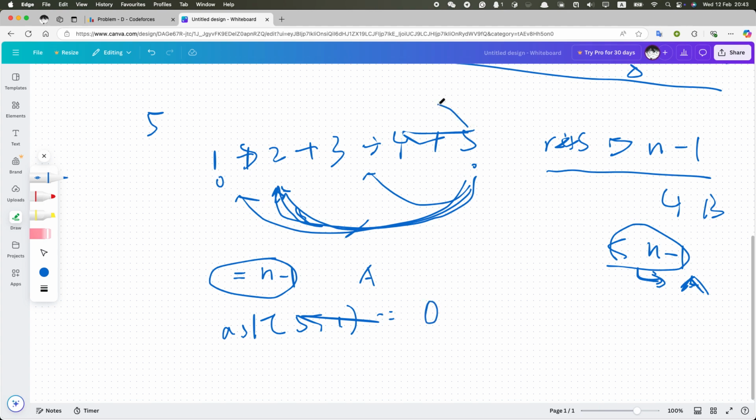Or if the edge from 5 goes to 1, the answer can be 1, right?